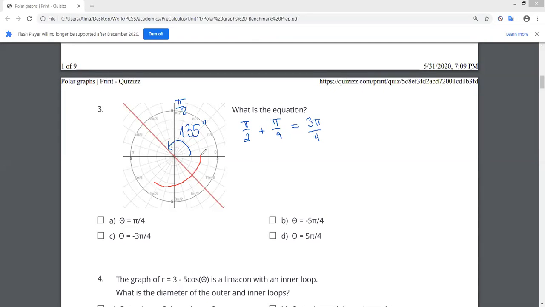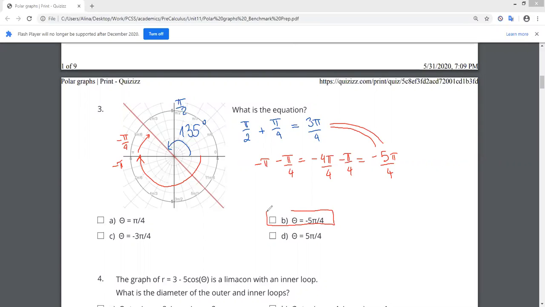I will go negative pi, and I will go negative pi over 4, minus pi over 4. Minus 4 pi over 4 minus pi over 4 gives me the answer -5 pi over 4, which is really the same answer as 3 pi over 4. And here you go, we have this answer. That's B.